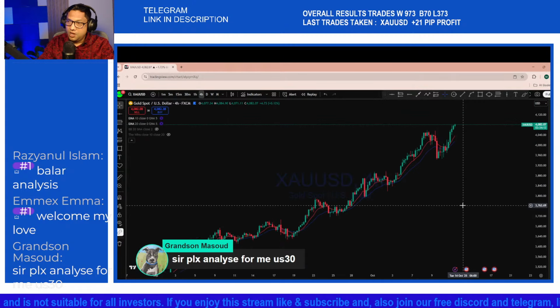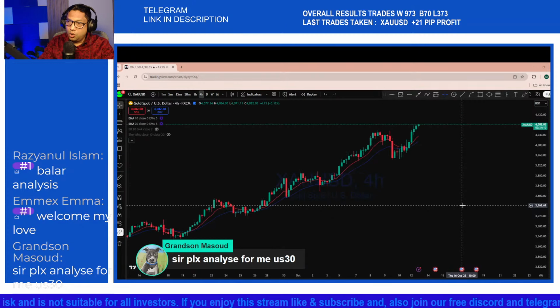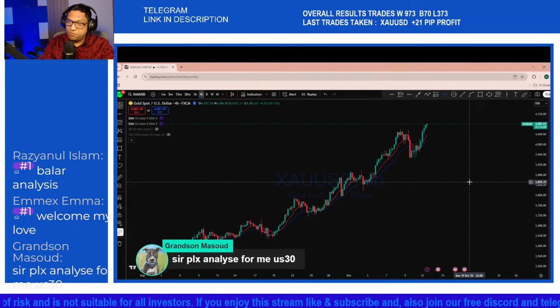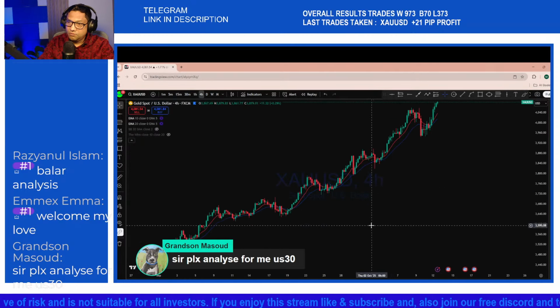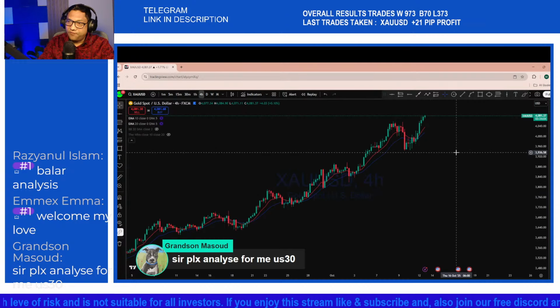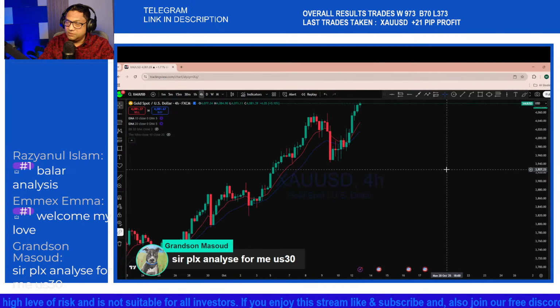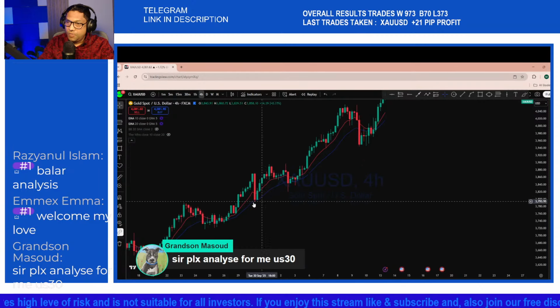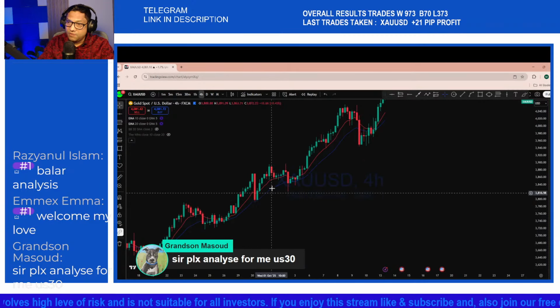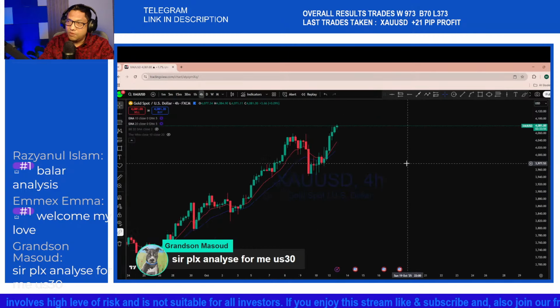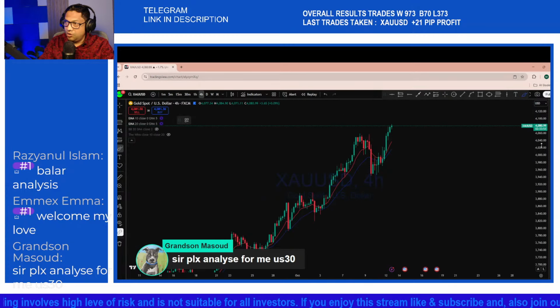Looking at this price action, this is the 4-hour chart, where in this 4-hour time frame the market structure is creating a series of higher highs and higher lows.